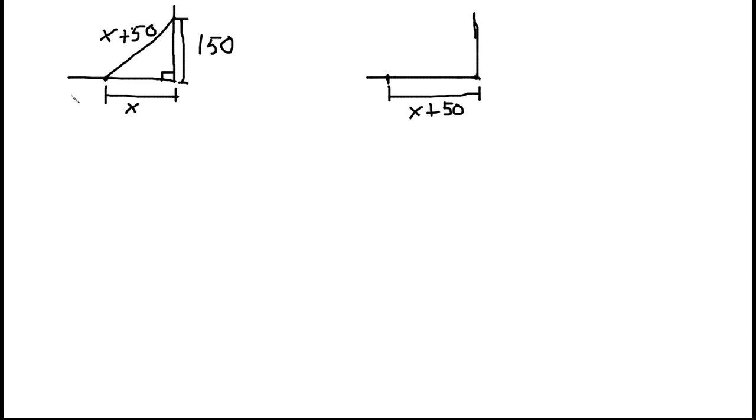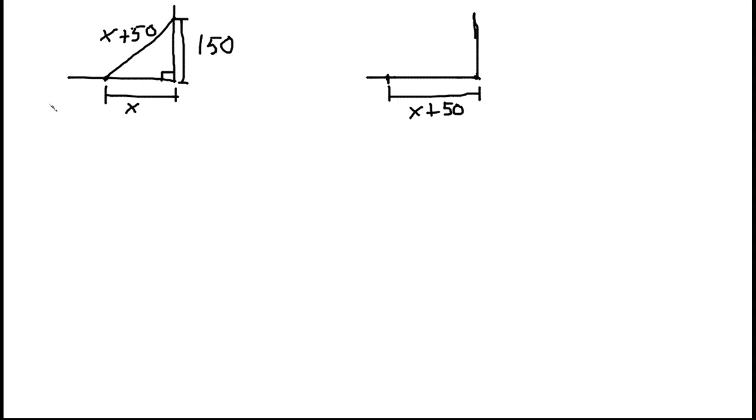So we know that the right triangle has a useful property, which is shown by the Pythagorean theorem, that states that the length of the hypotenuse of a right triangle raised to the power of 2 is equal to the sum of the squares of the two legs of the triangle.